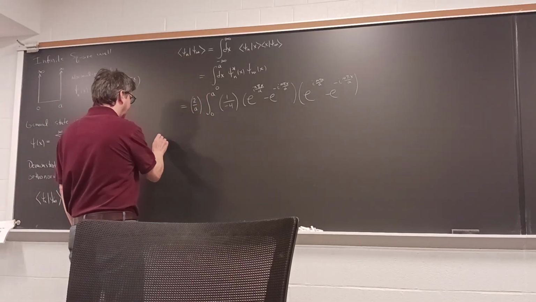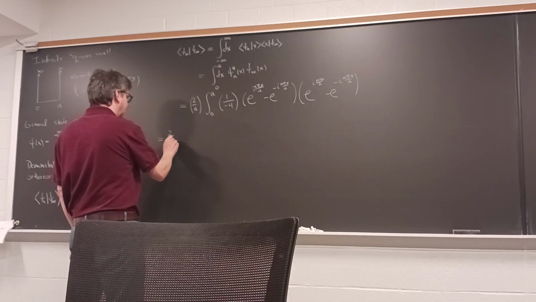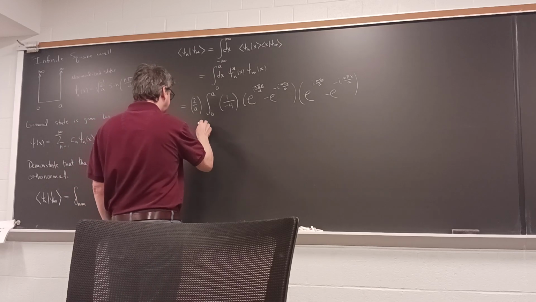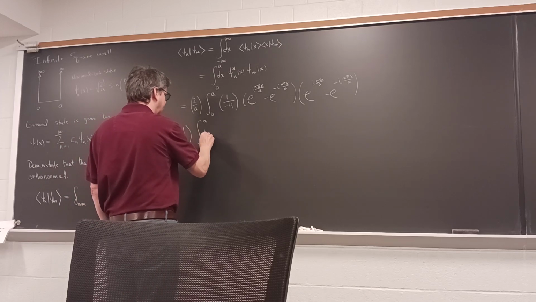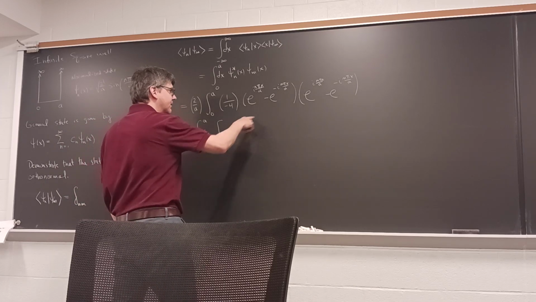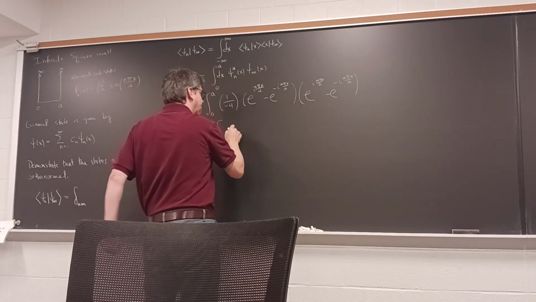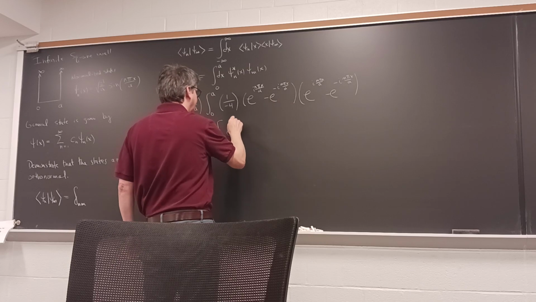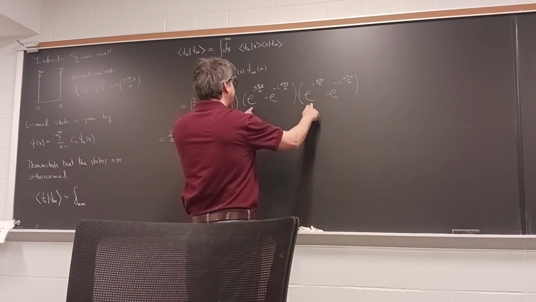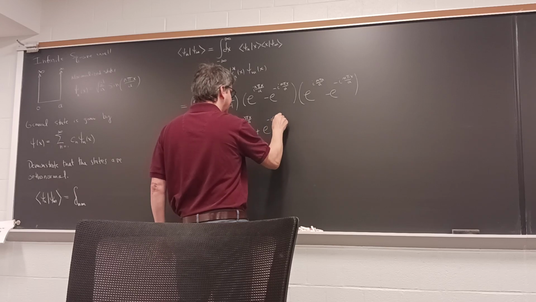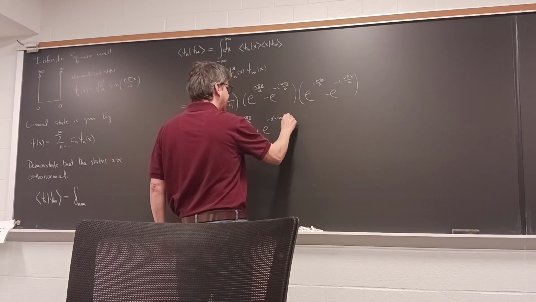And so we can just multiply this out. So that's 2 over a, with a minus 1 over 4, integral 0 to a, and now we just expand this out. We'll have e to the i n plus m pi x over a from this term, plus e to the minus i n plus m pi x over a.